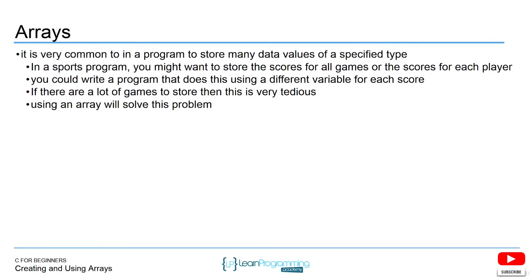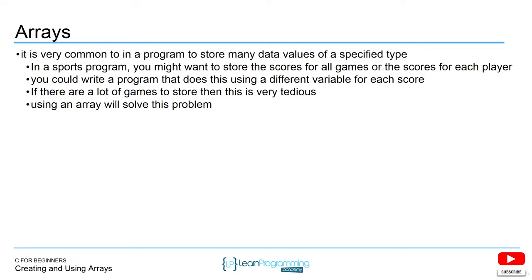So an array, it's very common in a program to store many data values of a specified type. In a sports program, for example, you might want to store the scores of all the games or the scores for each player. Up until this point, we could easily implement that, but we'd have to write a different variable for each score. So imagine if there's a ton of games.